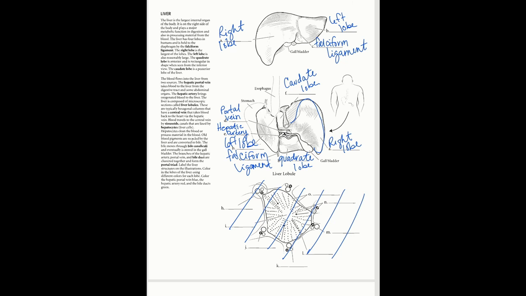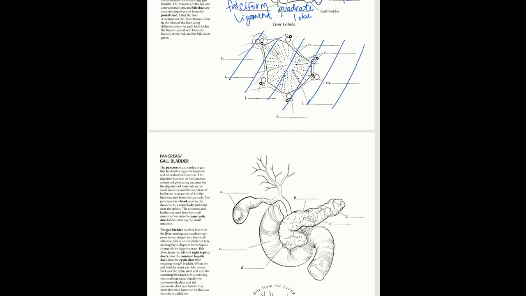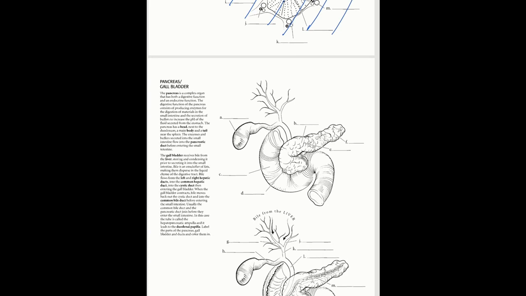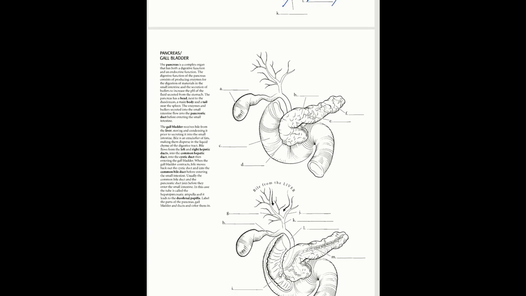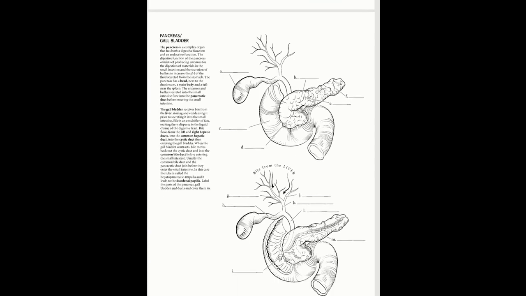Let's go ahead and move on to the next page, which is our gallbladder and pancreas. So A is showing our gallbladder. B is our pancreas.